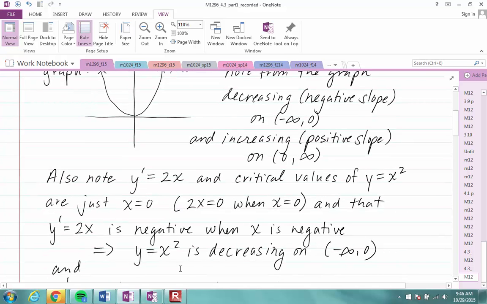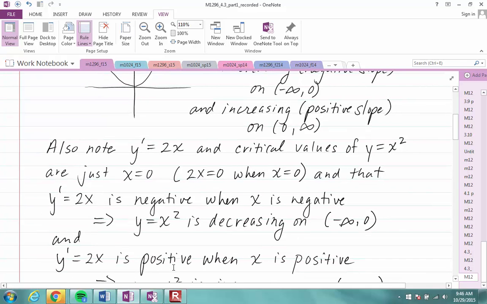Another thing to note is that the derivative 2x for x that are negative, or in other words, on the interval negative infinity to 0, y prime is negative, which indicates that the slope of the tangent line is negative. So I'm just trying to develop all these connections here on different ways we can think about increasing, decreasing.